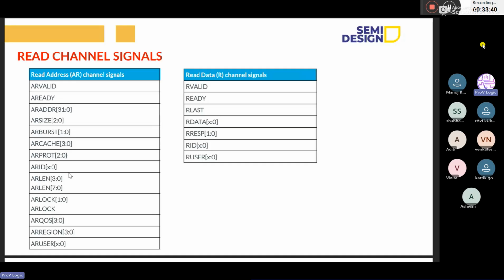Same as write. And coming to read data: valid, ready, last, data. Data also same here, either 32-bit data or 64 or 128-bit, and ID, user. Okay. So these are the main signals in the AXI protocol. Clear, everyone? Any doubts still here?